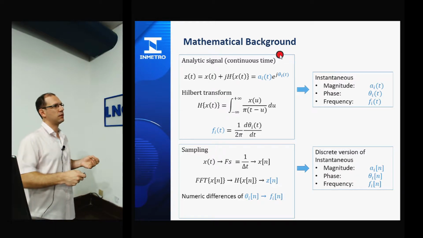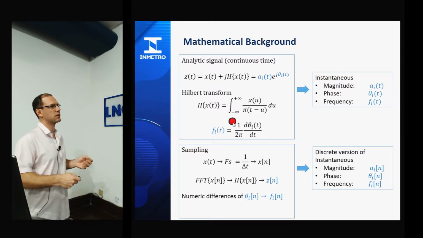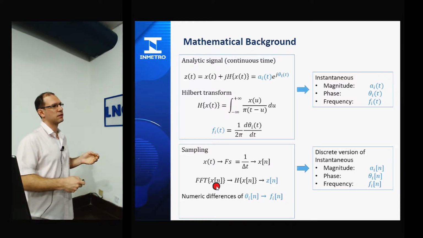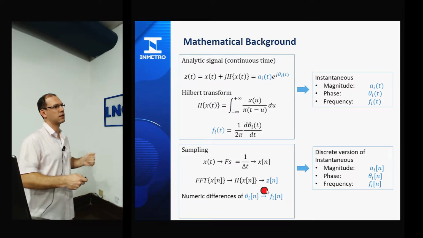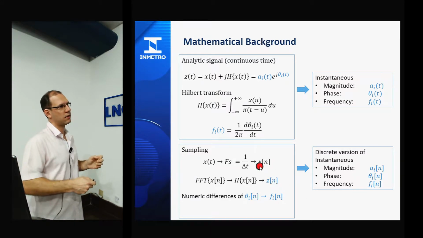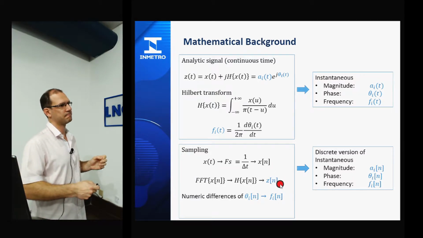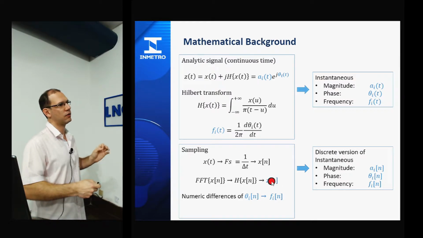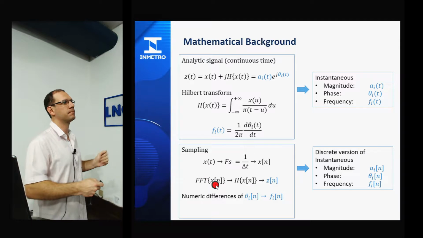If we take the input signal X and do sampling, we have the discrete version of X, and with the fast Fourier transform of discrete X, we can have the Hilbert transform of X and a discrete version of Z. A discrete version of the analytic signal can be obtained by fast Fourier transform.